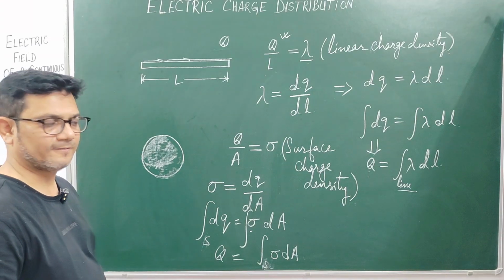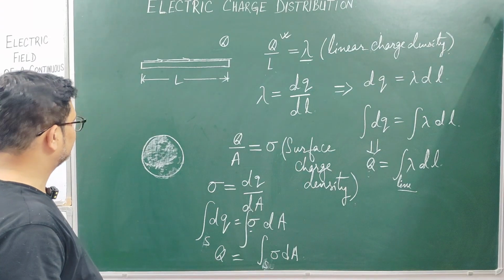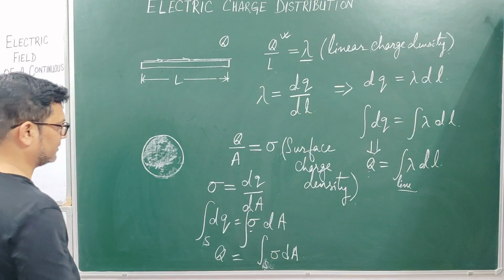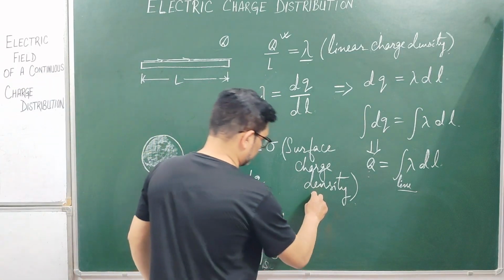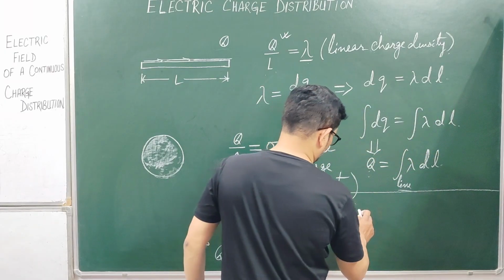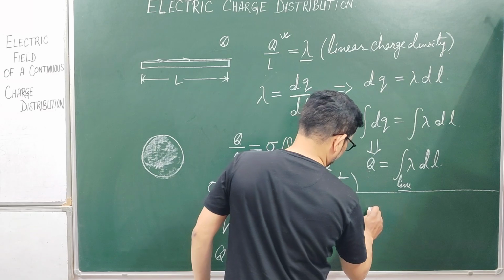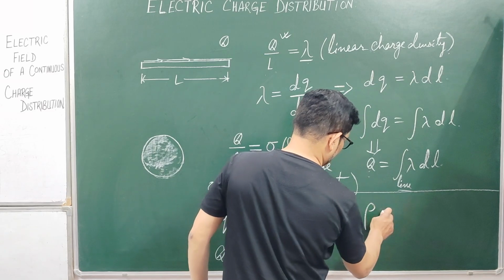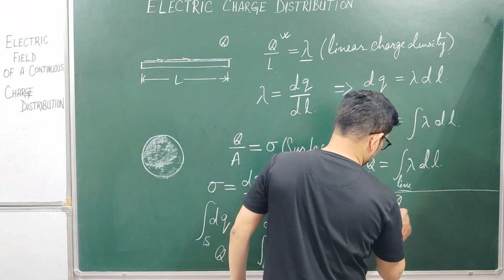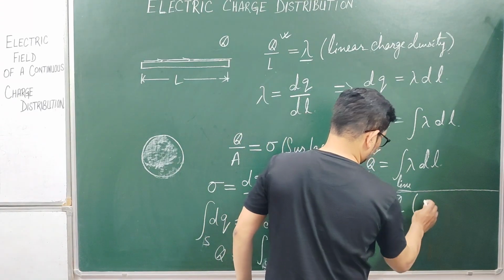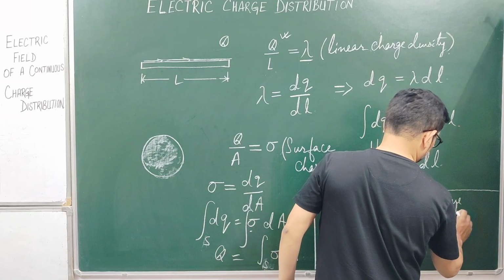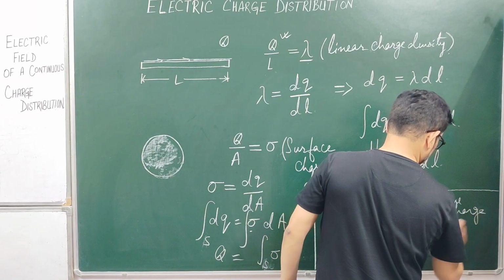Q over A is the total charge per unit area. Similarly, if you take a volumetric object, we'll have a relation, and here we call this rho, which is q over V, the volume charge density.